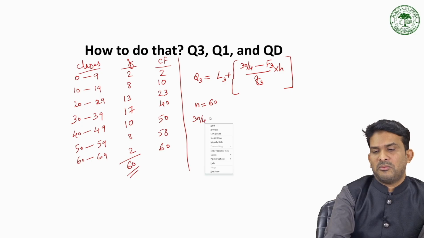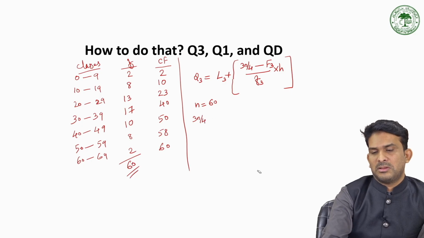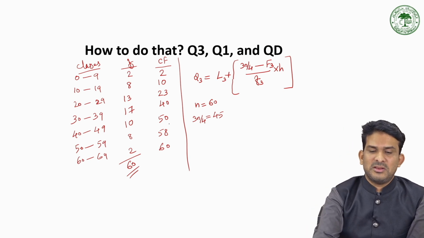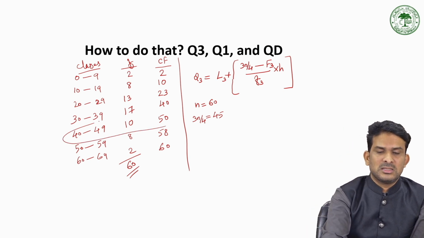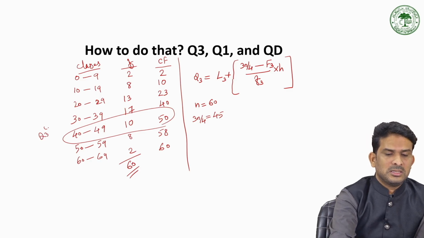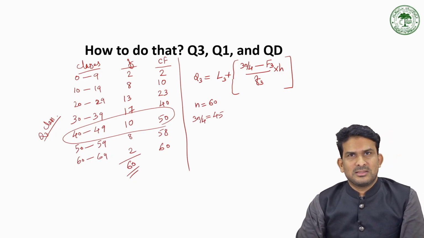Yes, 3n by 4 is 45. Once 3n by 4 you got 45, where does the Q3 class come? Between 40 and 45. This is the Q3 class.